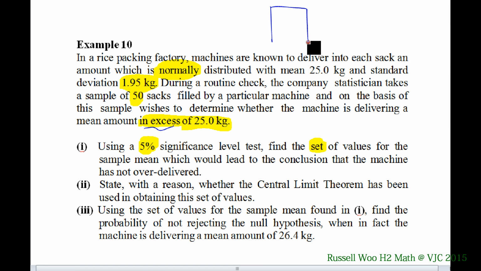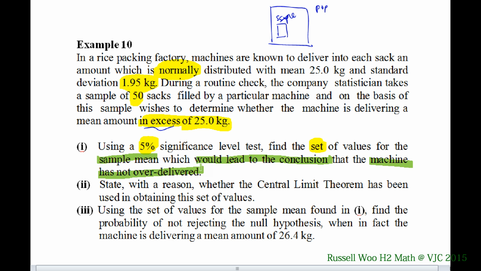This is your population. This is your sample. The question asks us, what is the set of values for the sample mean which would lead to the conclusion that the machine has not over-delivered?